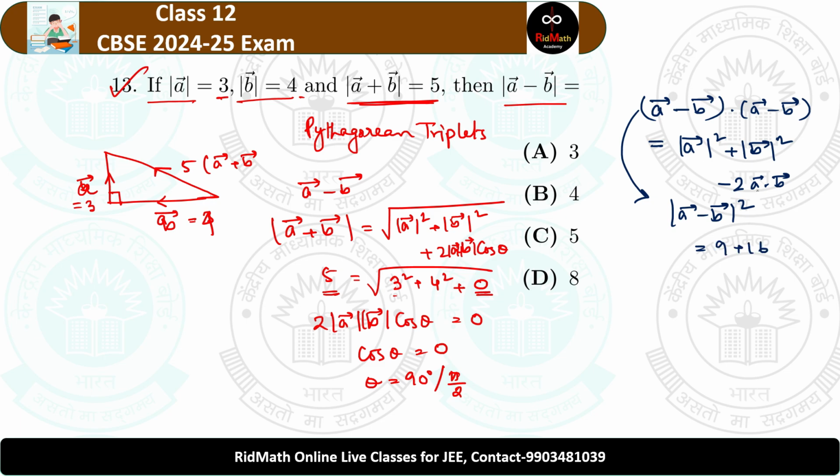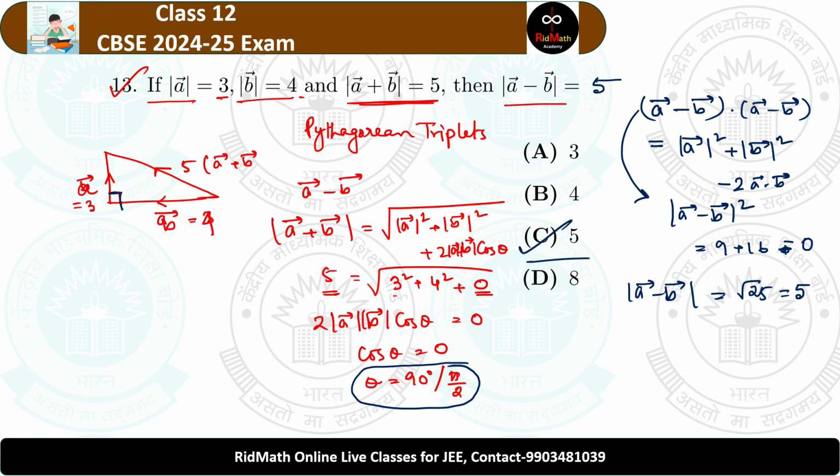A dot B is equal to 0 because A and B are perpendicular, so theta is 90 degrees between them. So this is minus 0. That means mod of A minus B is equal to root 25, that is 5. So also mod of A minus B equals 5. That means option number C is correct. Next problem.